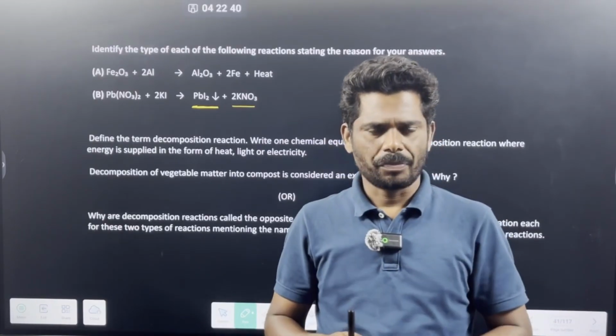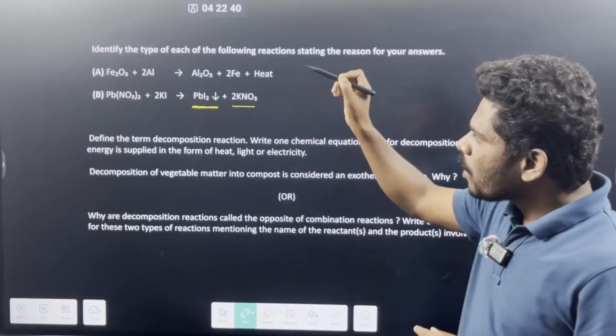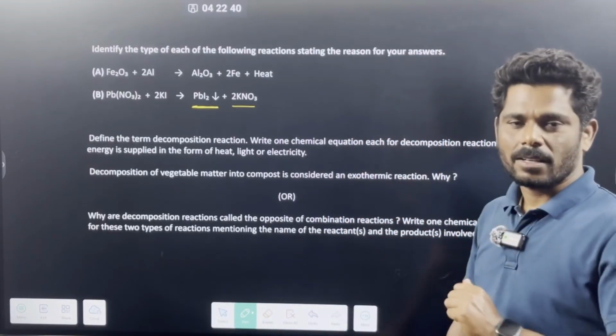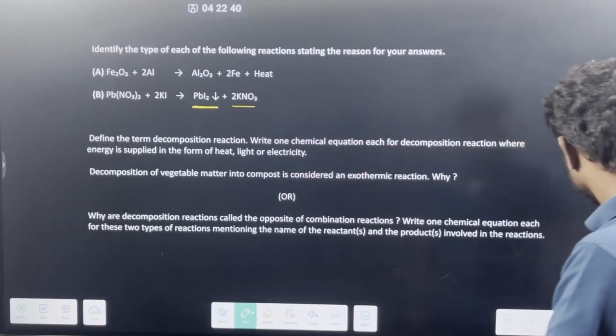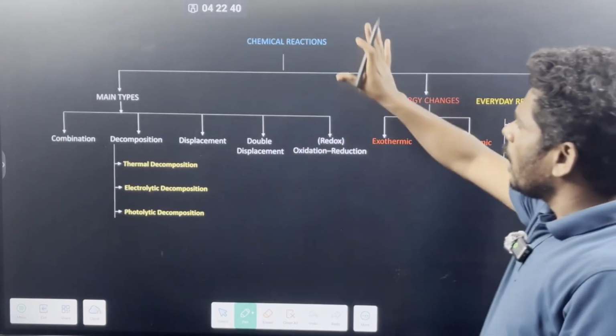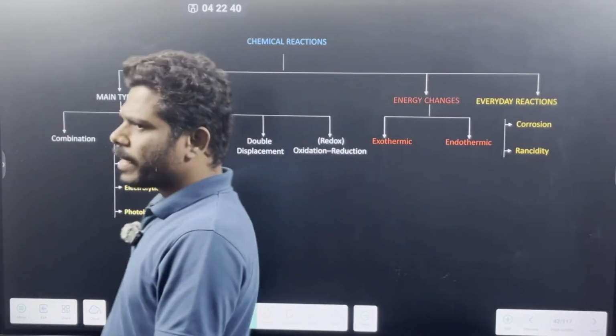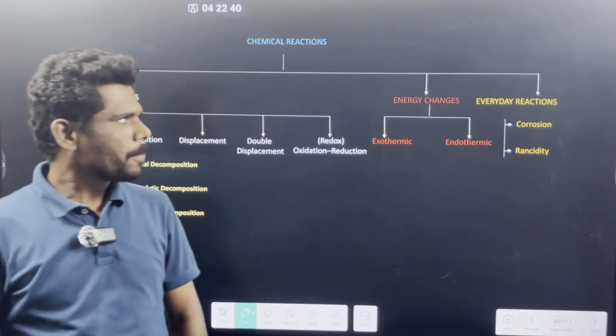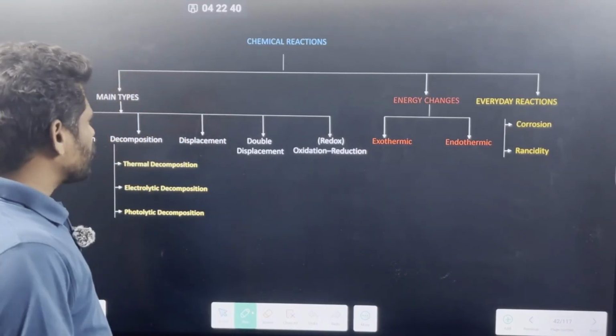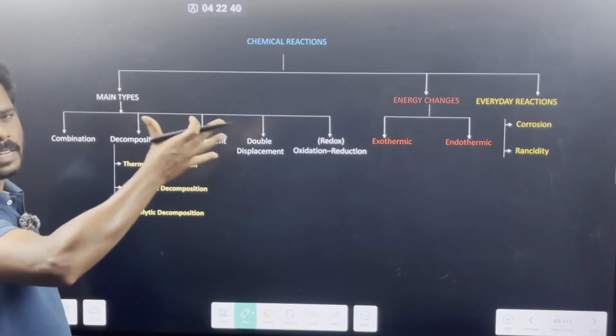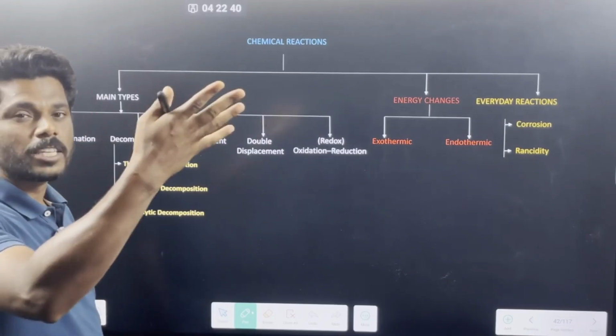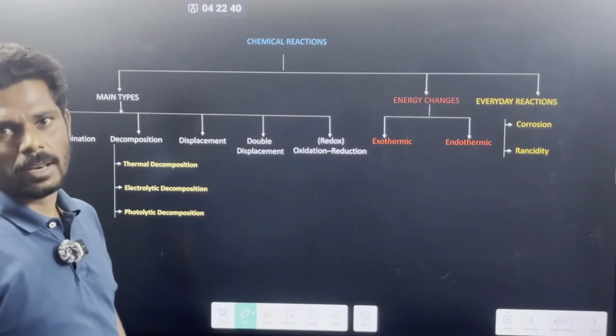Usually, these kinds of questions may have multiple answers. How? Let us see. For that, let's have a classification chart or table where the chemical reactions are classified into different types based on different aspects.